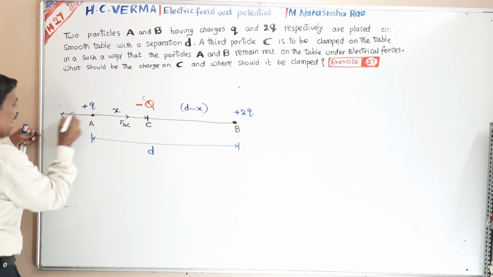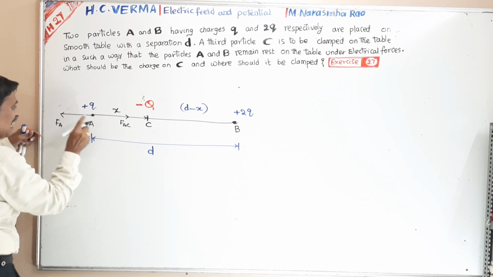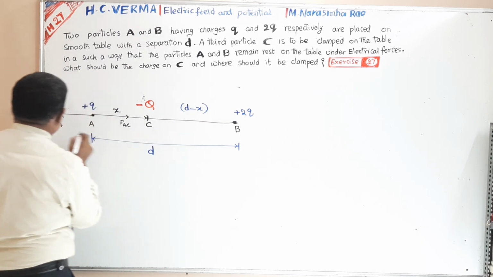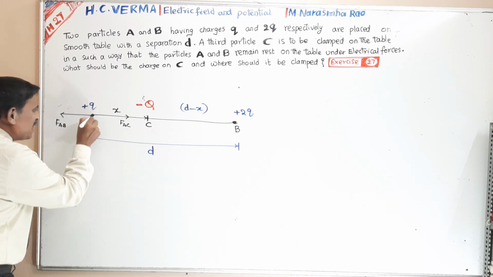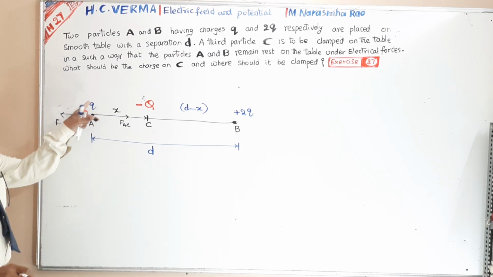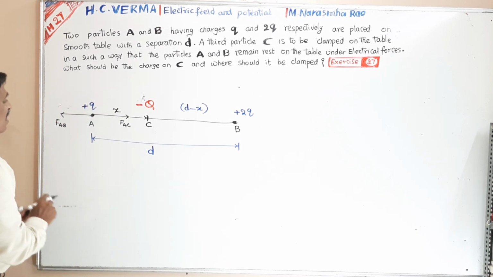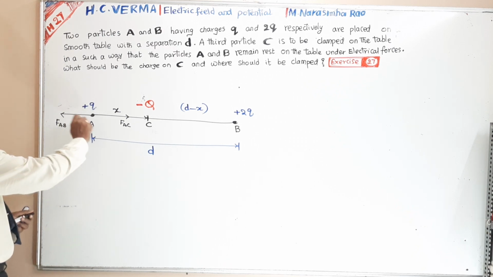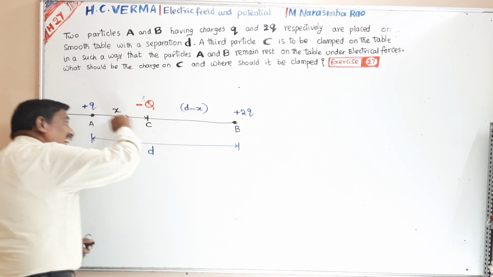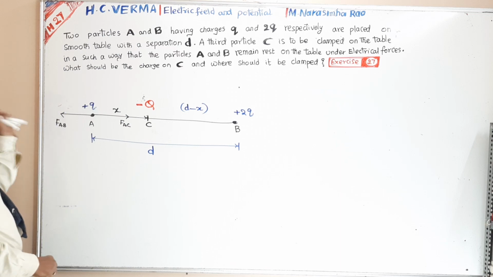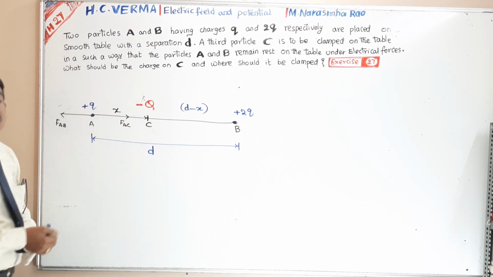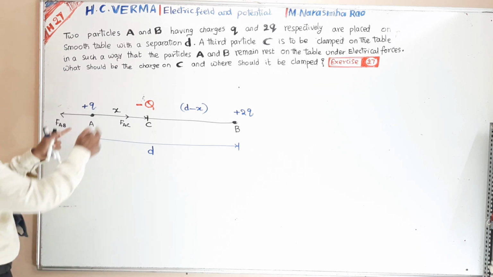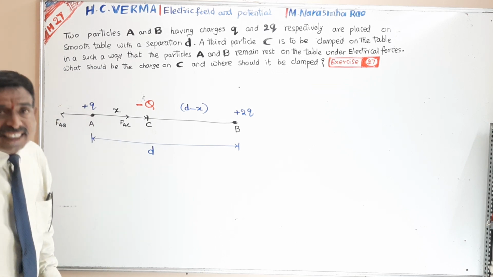This is the force on A due to the charge at B. Now at the point A there is a charge Q. One electrical force is acting on the right side and one on the left side. Both are opposite in direction. If these two are equal, it is in rest position.